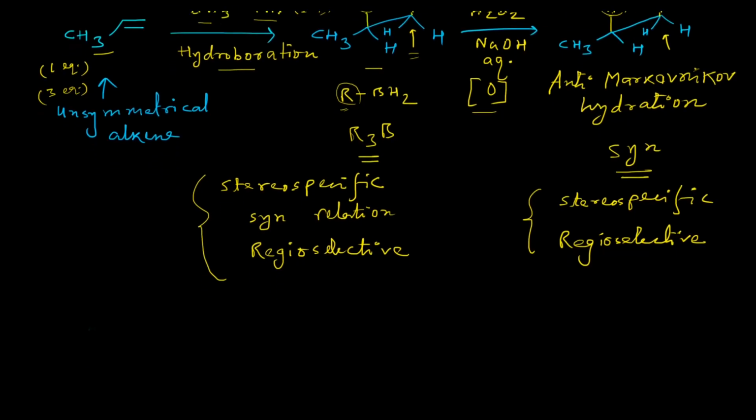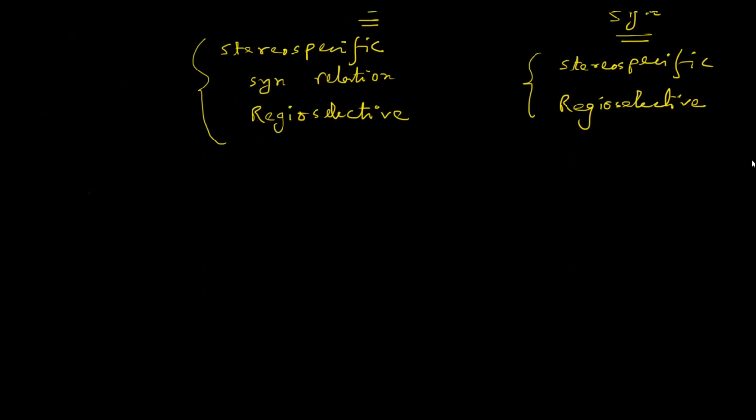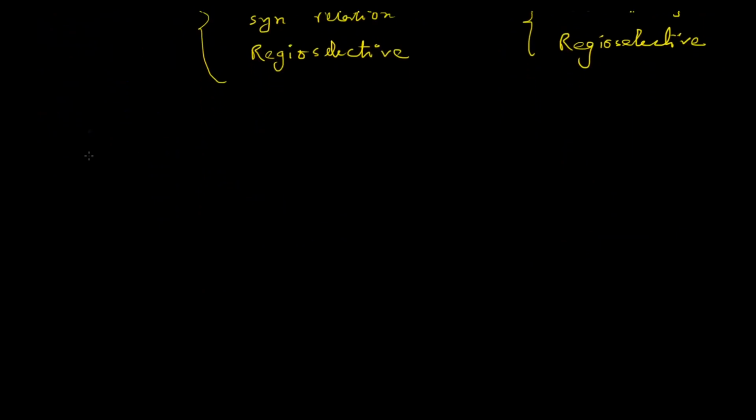Before we go into the detailed mechanism of both these steps, let us first consider the Lewis acidity of boron molecules. We all know that boron has an electronic configuration of 1s2, 2s2 and 2p1.